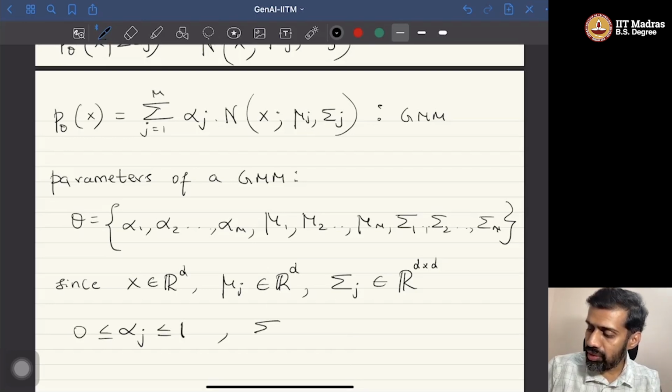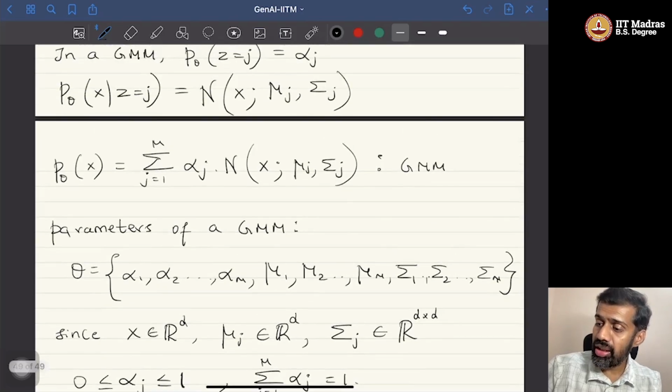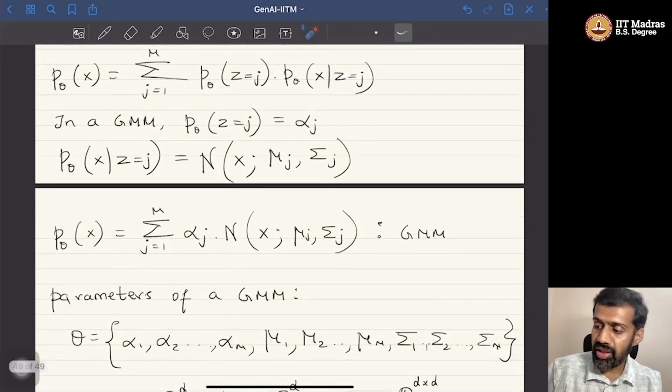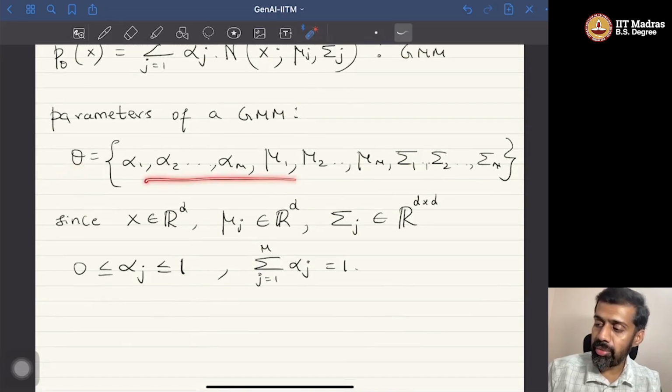If you sum them all over m, they sum to 1, because this is the probability mass function of a discrete random variable. So we need to find all these parameters by ELBO optimization. That is the goal.